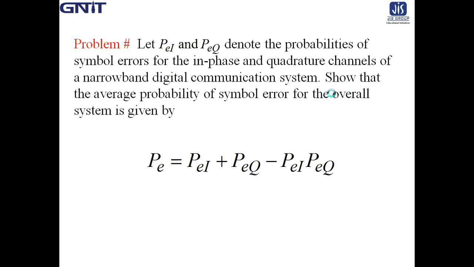Show that the average probability of symbol error for the overall system is given by Pe = PeI + PeQ − PeI·PeQ. Again, I am repeating the problem: let PeI and PeQ denote the probability of symbol error for the in-phase channel and quadrature channel, and you have to prove that the average probability of symbol error for the overall system is given by this.